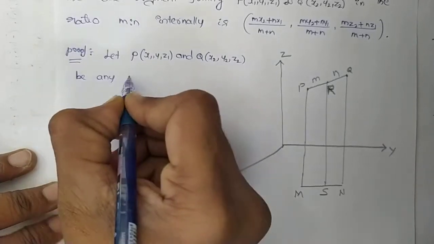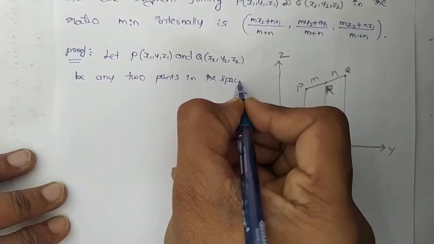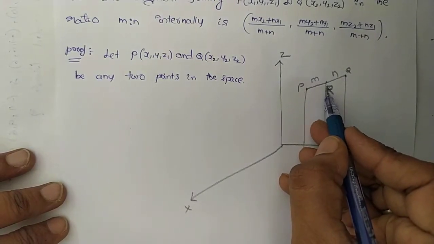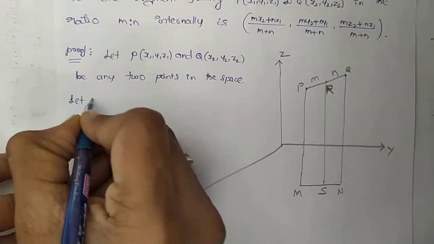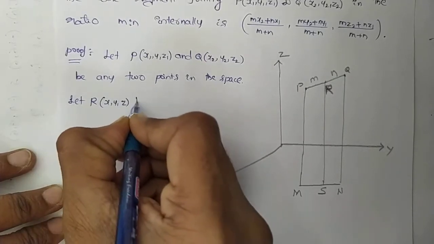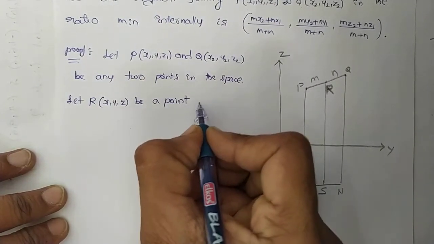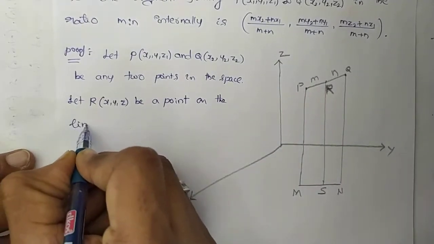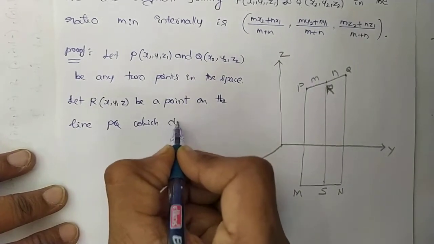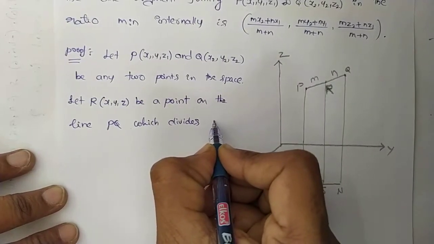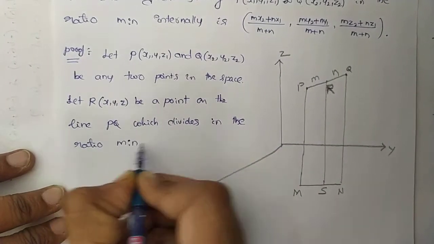Next, let R(x, y, z) be a point on the line PQ which divides it in the ratio m:n internally.